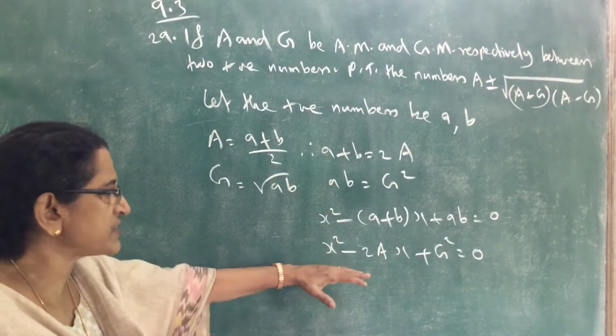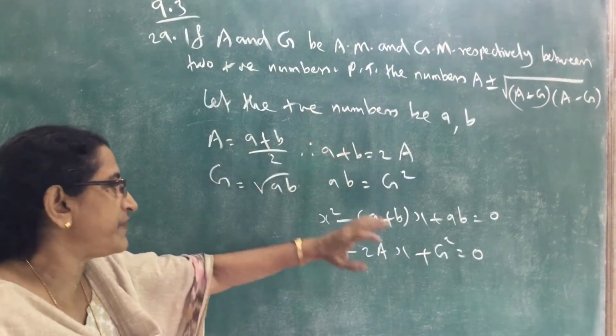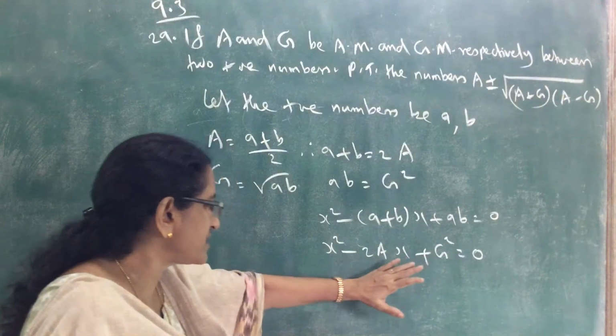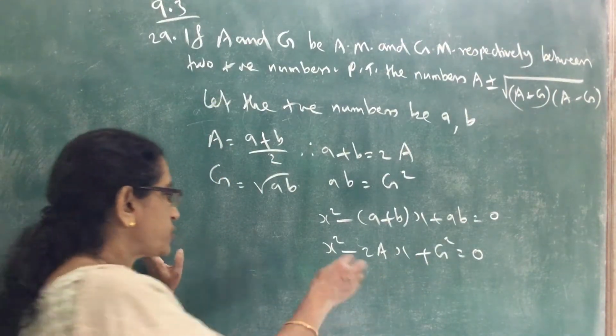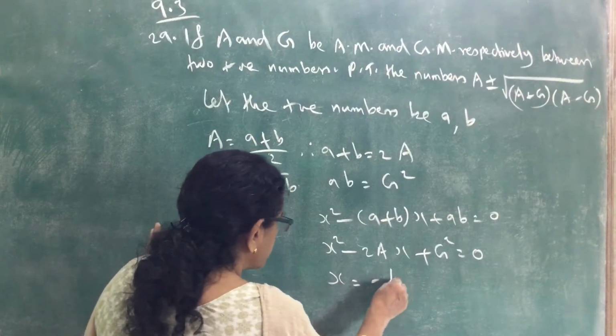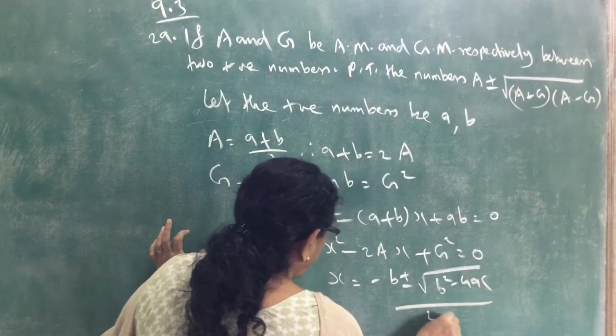If we solve this quadratic equation, we get the roots a and b. So we can apply the quadratic formula: x equals minus b plus or minus root of b square minus 4ac, whole divided by 2a.